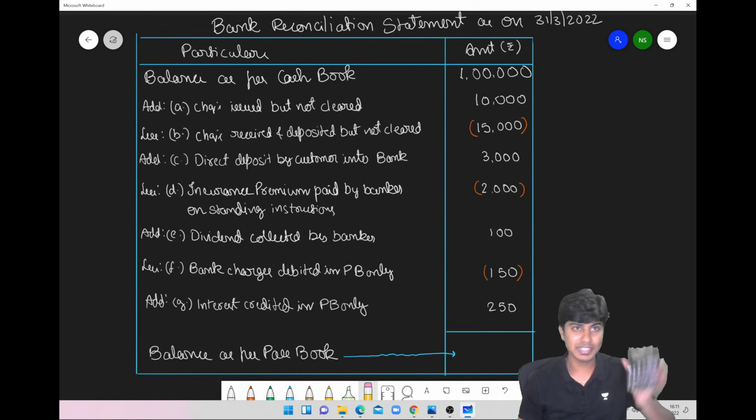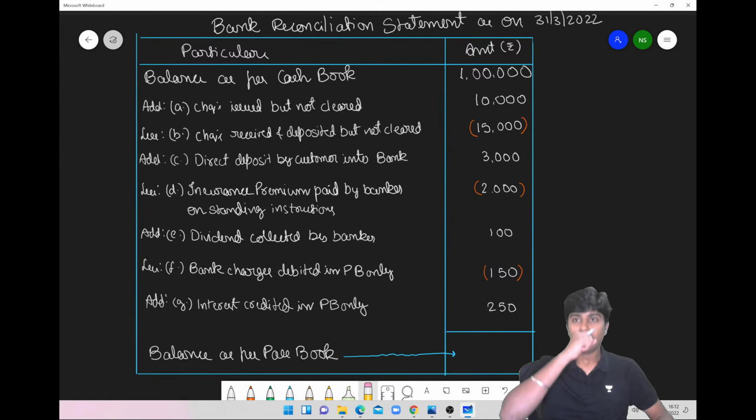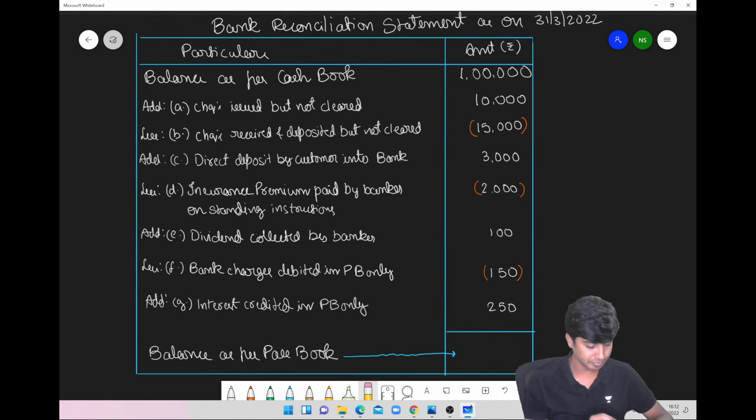1 lakh is the balance as per cash book. To this I'll add 10,000, that is checks issued but not cleared. Okay, and I would deduct 15,000, that is for checks received and deposited but not cleared.